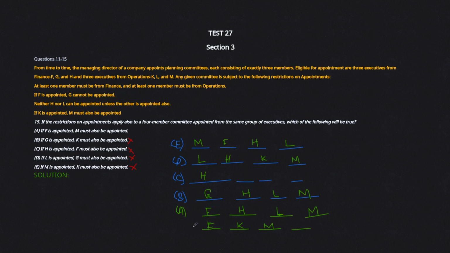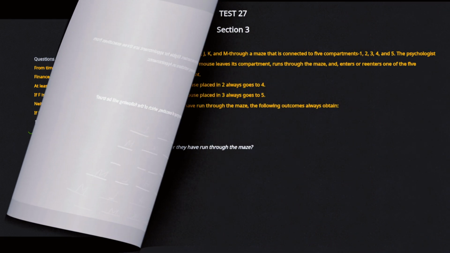So this last one is not possible. So this is the only viable case we have. So this is the right answer. If F is appointed, M must also be appointed. On to the next one.